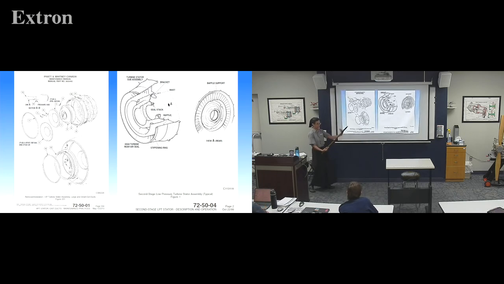This is what's deflecting that back, and those can be called baffles sometimes. Here is our second stage low pressure turbine stator assembly. And we have stiffening rings and baffle support and some baffles just between components to direct airflow, to help the right things get cooled.